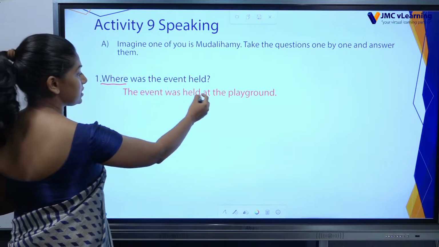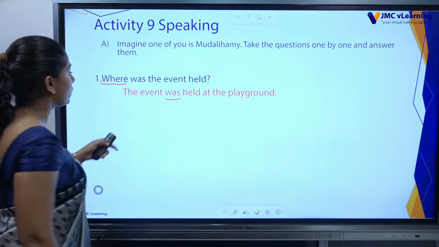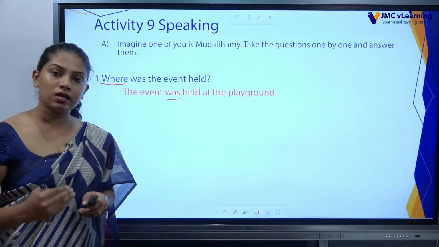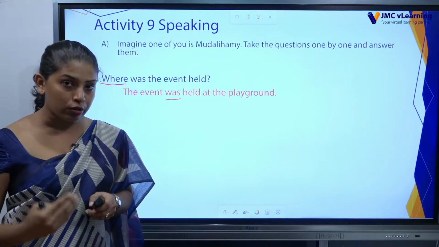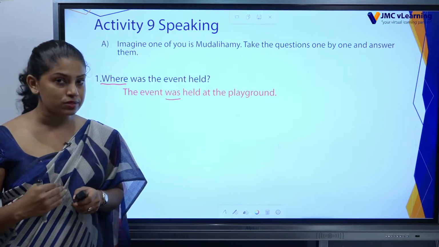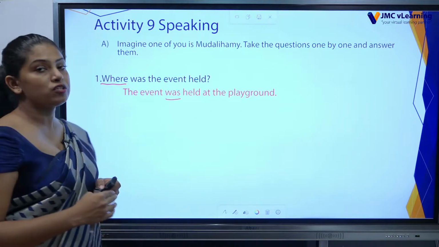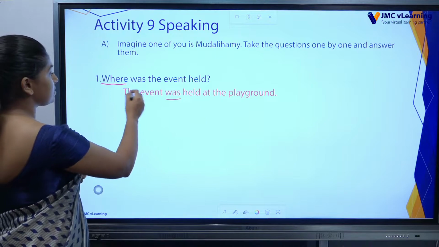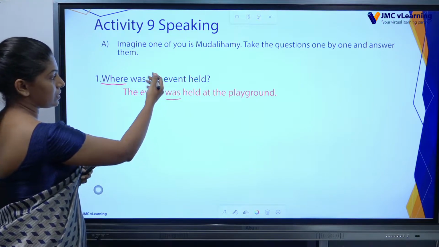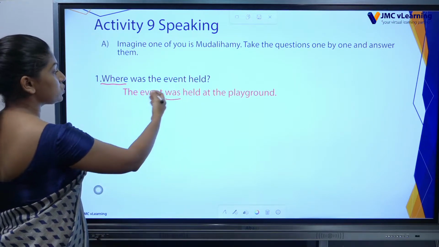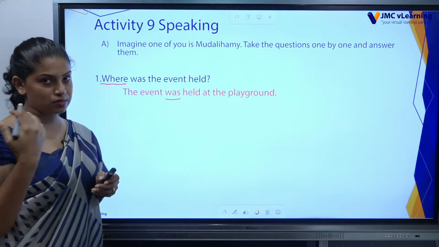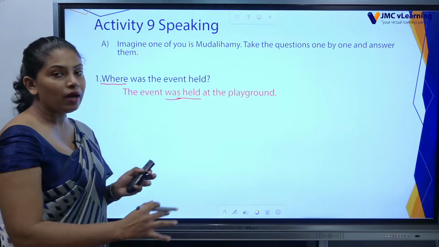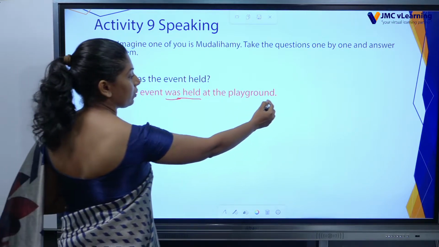The event was held. Here I have used was because the question was asked using past tense. When we are writing answers to a given question, you have to understand what tense is used there. This is a past helping verb. The event was held at the playground.